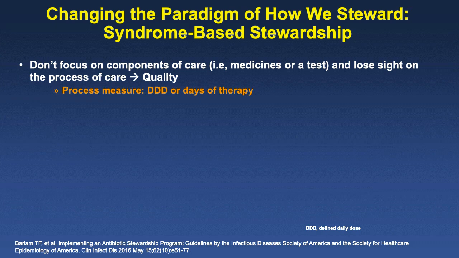And what is happening now that stewardship has become ingrained in our hospital processes as of 2017, and we have CMS involved and we have JACO involved, over time, and I think this is going to happen with some pace, we're going to be moving from process-related measures, days of therapy, defined daily doses, to issues related to outcomes, length of stay, overall cost of care.